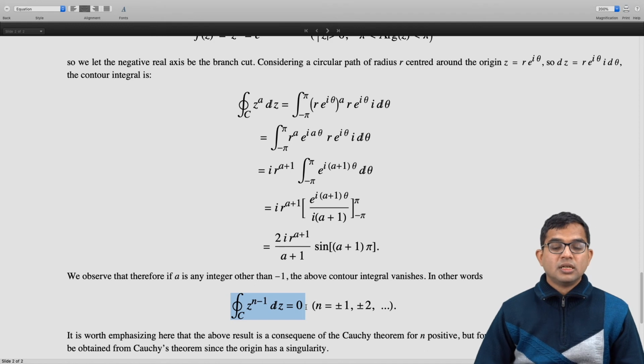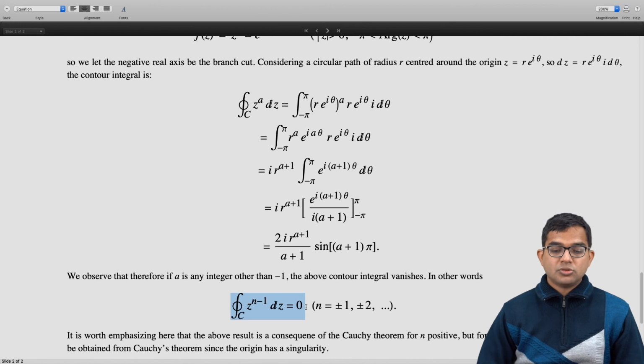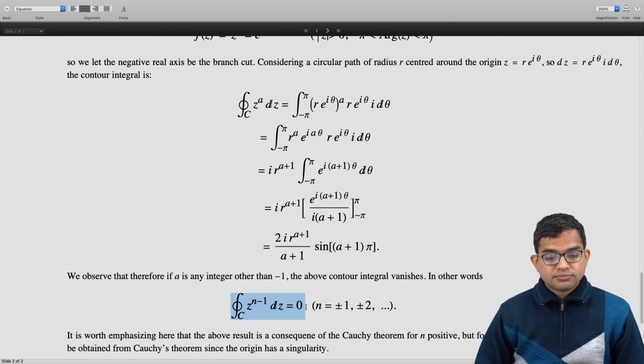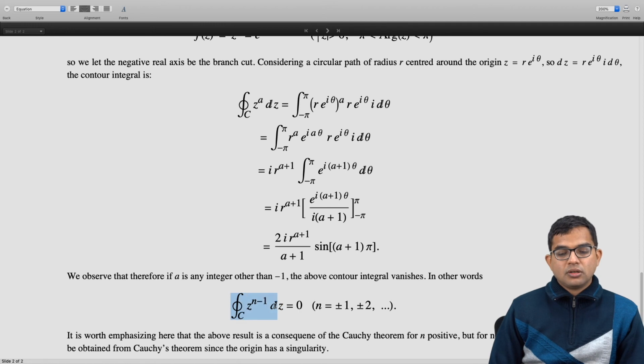The reason is that for negative integer values of n, you have a singularity sitting at the origin. So you would have something like 1 over z squared or 1 over z cubed and so on, and then it's a problem. You cannot blindly apply Cauchy theorem, but still this contour integral is actually 0, right?